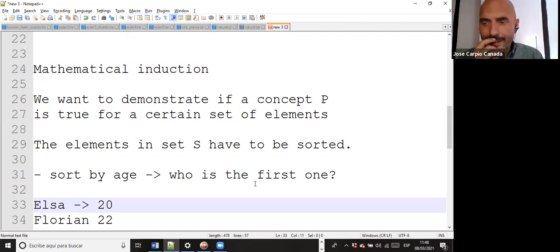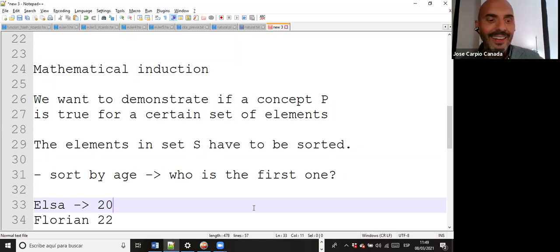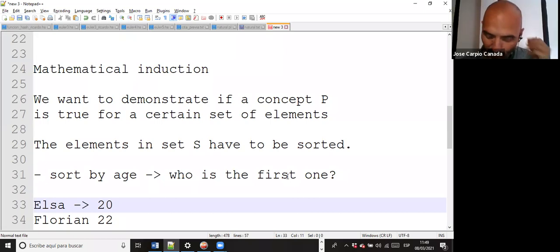Is that the way to write your name? Elsa, is it good or not? It's good, you can leave it. Okay, Elsa, 20. I'm 21, in the middle. No, you are not younger. But it's possible to order people by age, no? With no problem, because it's very difficult to be born at exactly the same second.